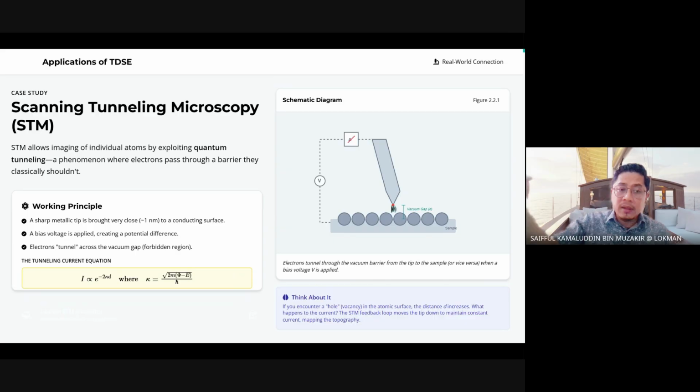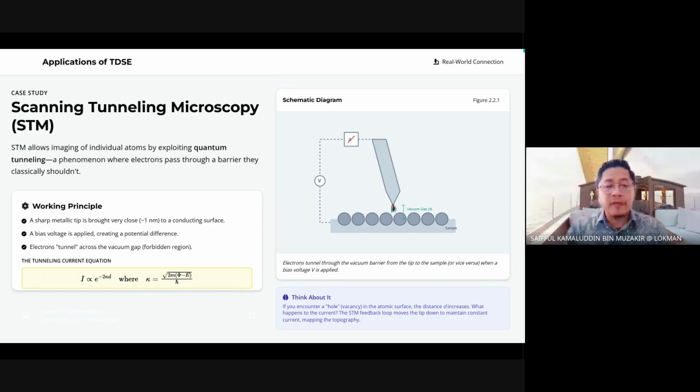The current is very sensitive to the distance between the tip and sample: the current is proportional to exp(-2κd), where κ is kappa, and kappa can be calculated as κ = sqrt(2m(φ - E))/ħ.